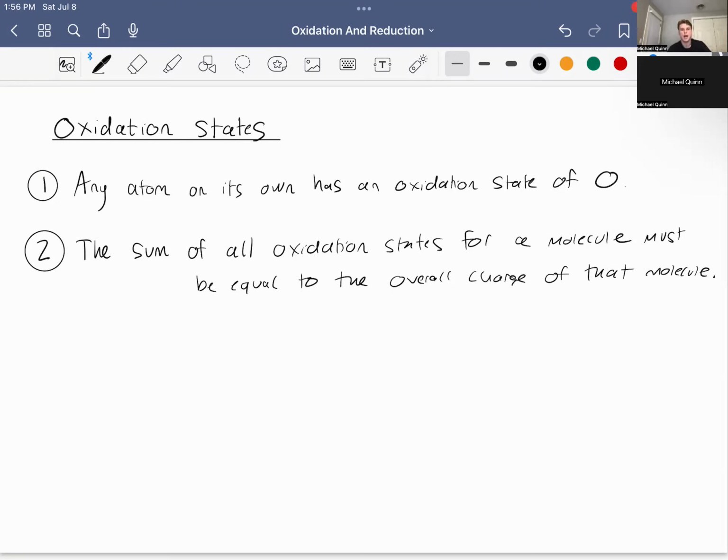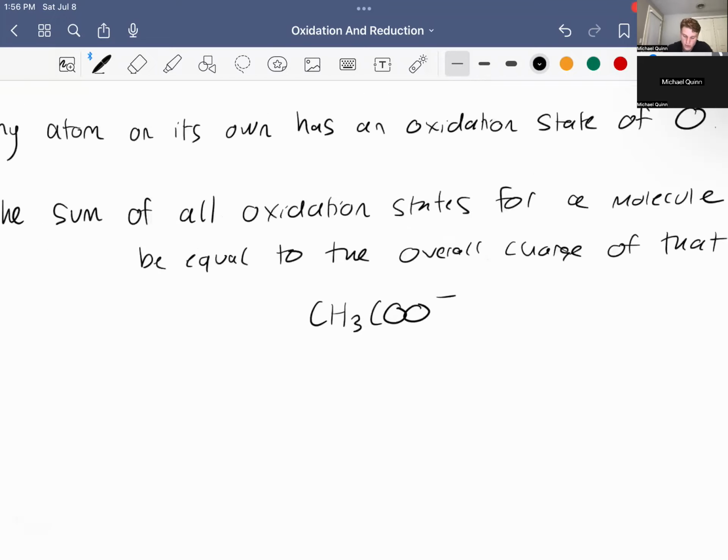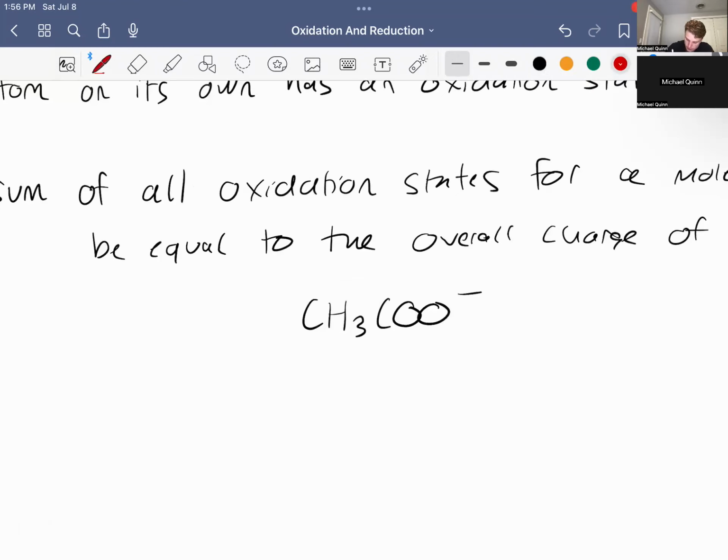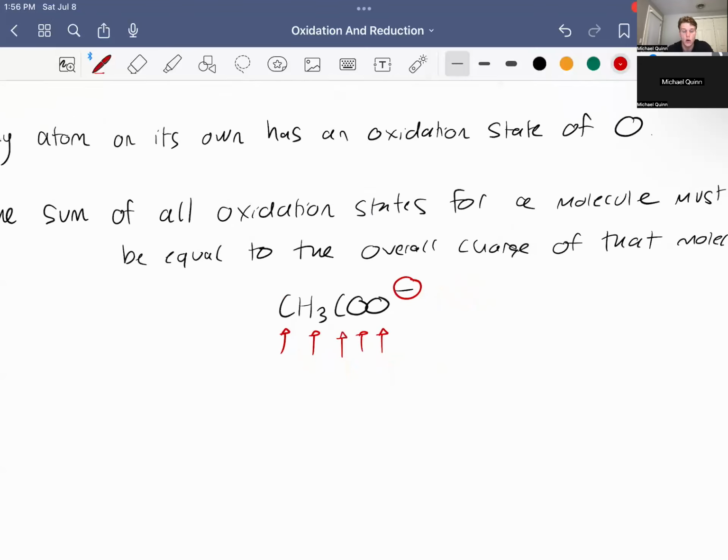So if we were to have a molecule like CH3COO minus, we need to make sure that when we add up the oxidation states for all of these individual atoms, they would add up to -1, which is the overall charge of CH3COO minus.